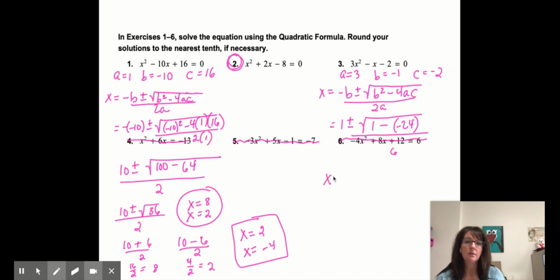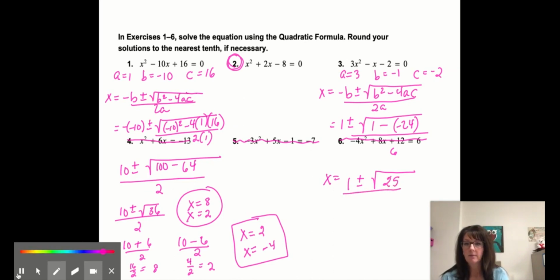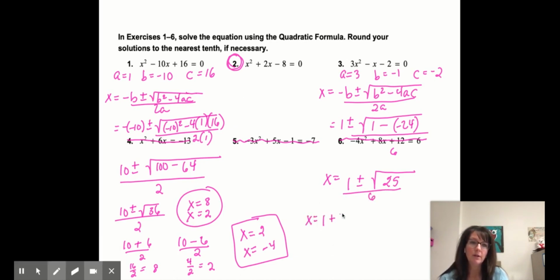Okay, so x is equal to 1 plus or minus. Well, when you take the opposite of negative 24, you're going to have 1 plus 24, so you'll have 25 and 6. So we get x is equal to 1 plus 5 divided by 6, and we get x is equal to 1 minus 5 divided by 6.